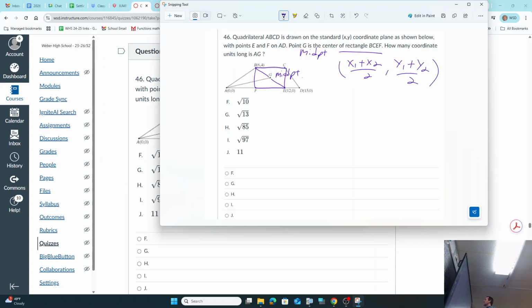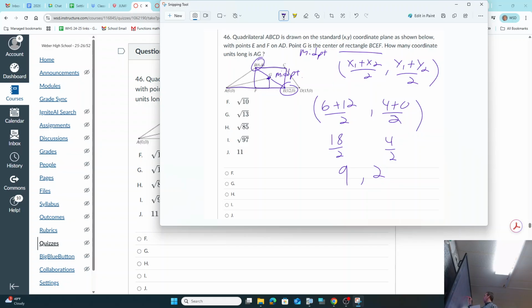And so that's going to be the midpoint with those two. So that's going to be 6 plus 12 all over 2. And then 4 plus 0 all over 2. Nice. So that's 18 over 2 is 9. And 4 plus 0 is 4 divided by 2, which is 2. Okay, so that means that G is actually 9, 2.